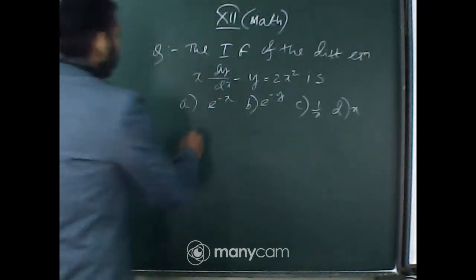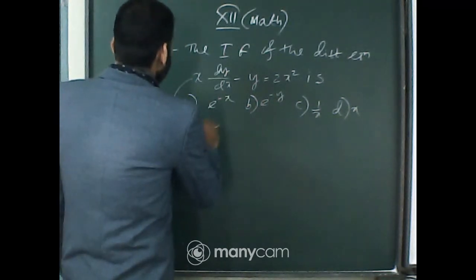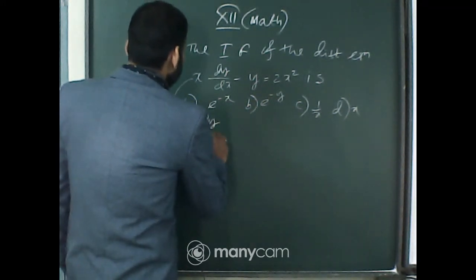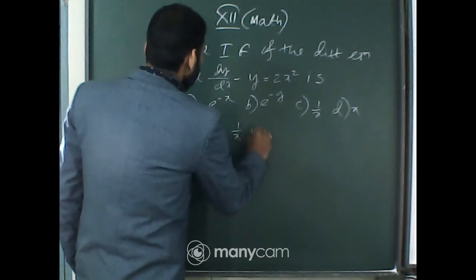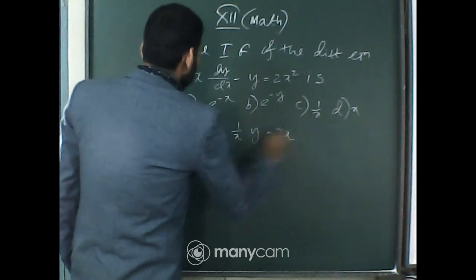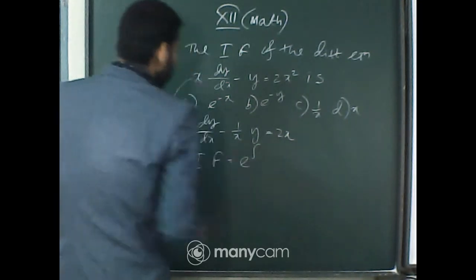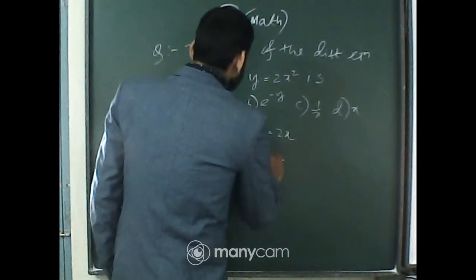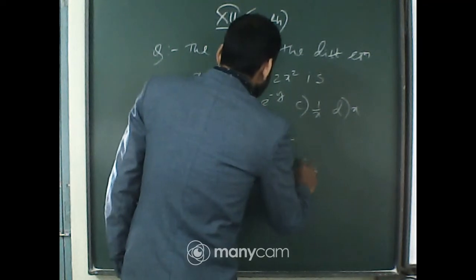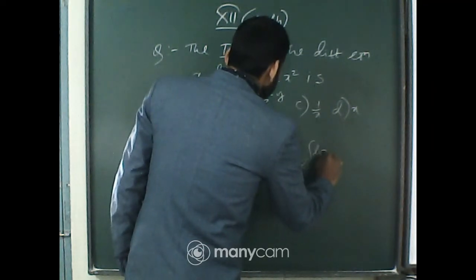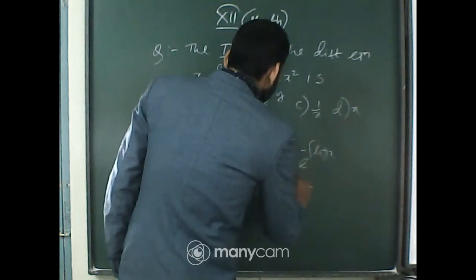Integrating factor. So this equation will be written as dy/dx minus 1 by x into y equals 2x. Then the integrating factor is e to the power integration of p dx, that means 1 by x dx. That means e to the power integration minus log x.